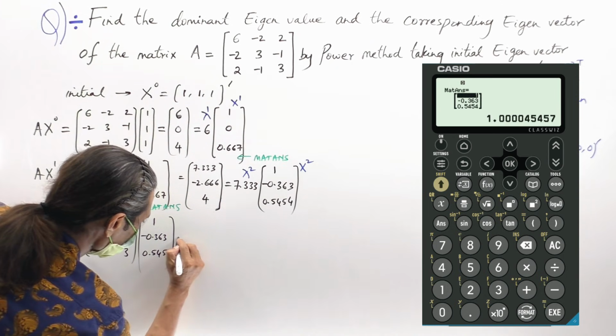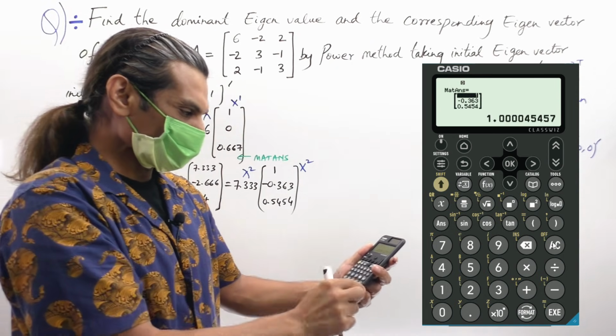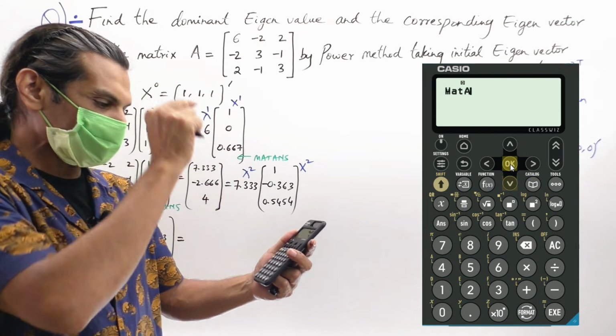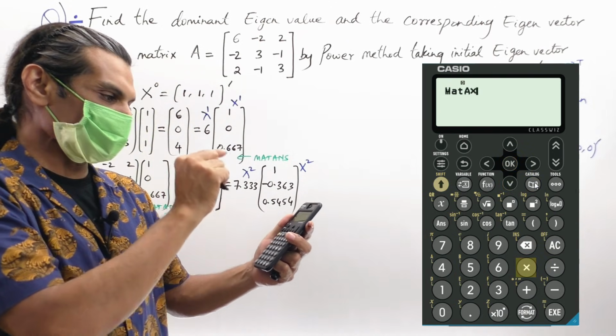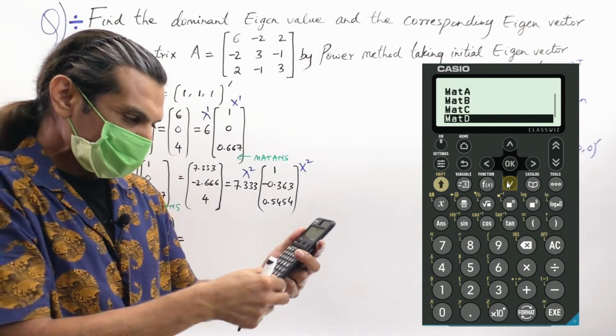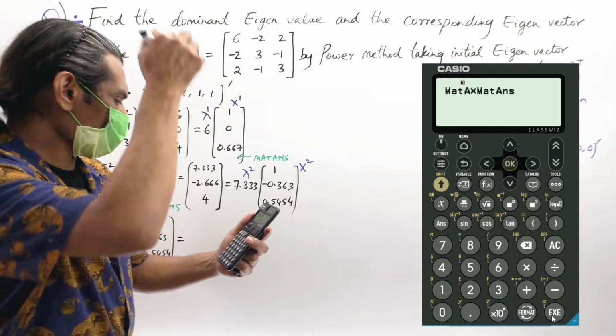So this yields, again same, AC, press catalog, matrix, then down, matrix A into, again catalog, matrix, scroll down, we get Mat Ans, execute.